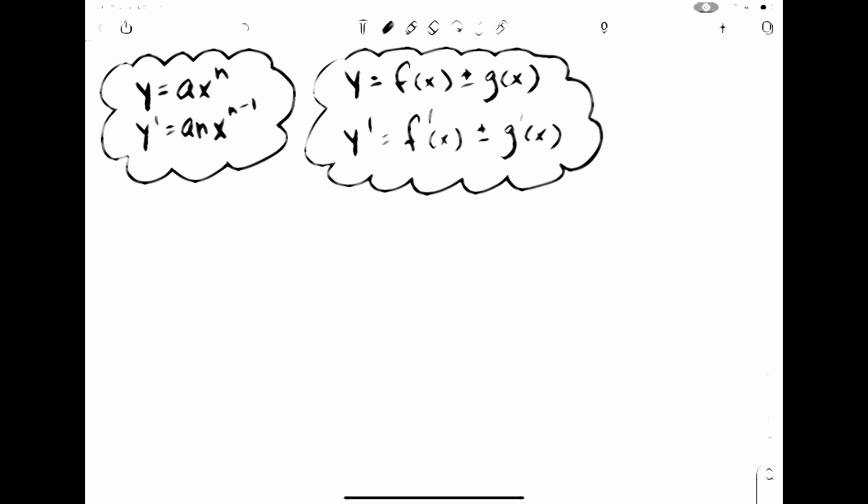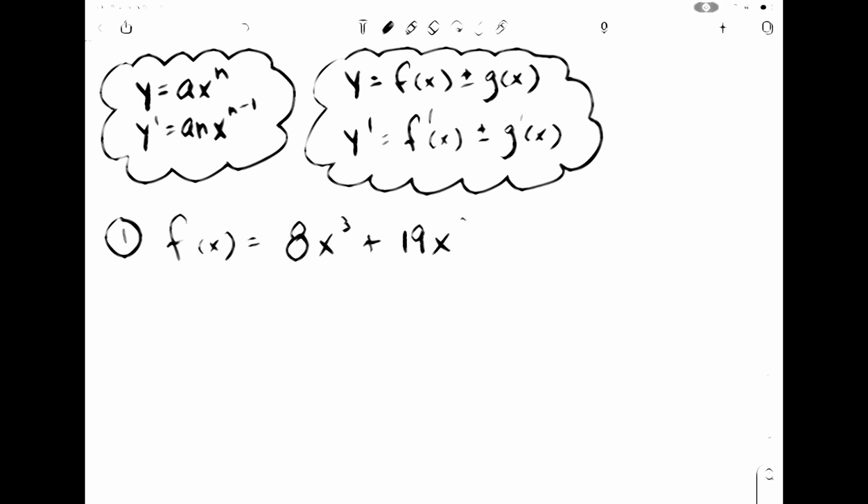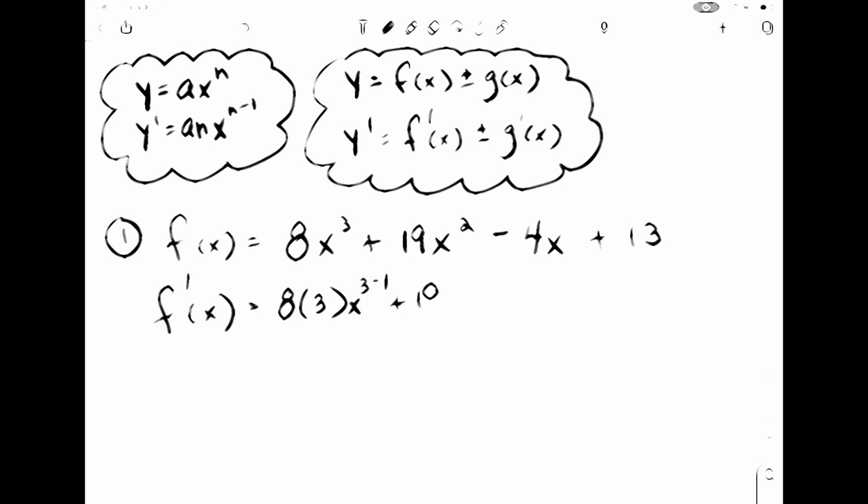Using these two together, we can say something like f of x equals 8x cubed plus 19x squared minus 4x plus 13. And we can find the derivative by multiplying, subtracting. 8 times 3x to the 3 minus 1 plus 19 times 2x to the 2 minus 1 minus 4 times 1, because there's a 1 there, x to the 1 minus 1.